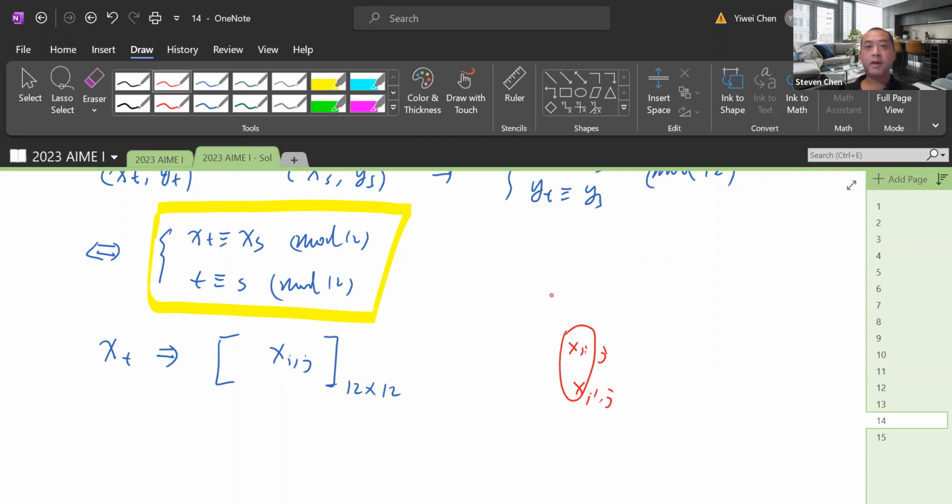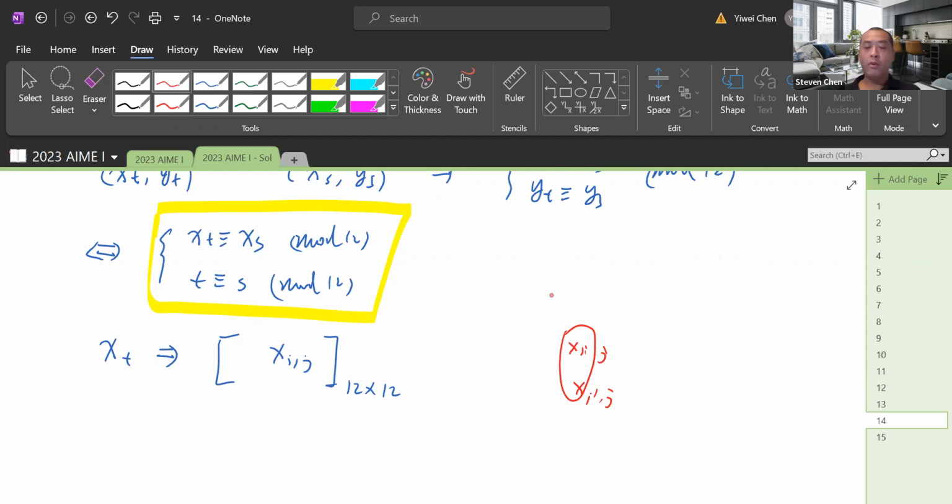But to avoid the yellow conditions, for all 12 numbers in the same column, you pick any two, and they cannot be congruent to each other. And we know that dividing by 12, the number of remainders is exactly 12, from 0 up to 11. So this has the following important implication.